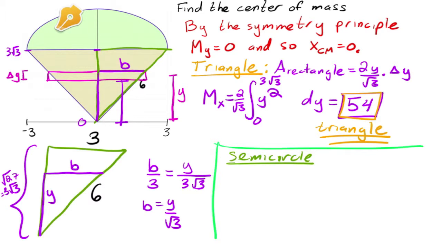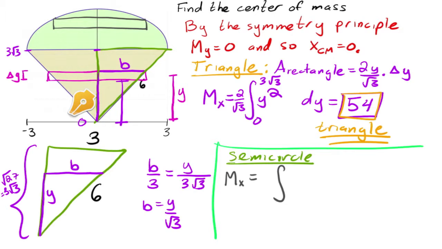I've got my rectangle here. Now, this time, however, let me write this down. So here let me label this. This time this is going to be my y, right?